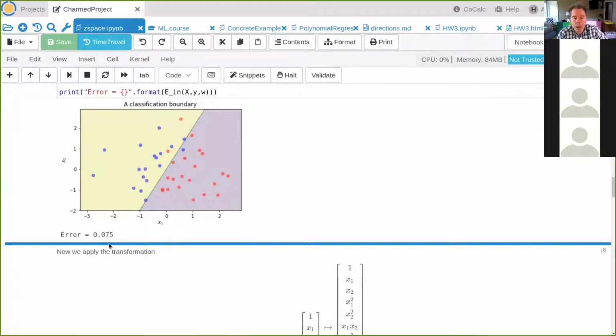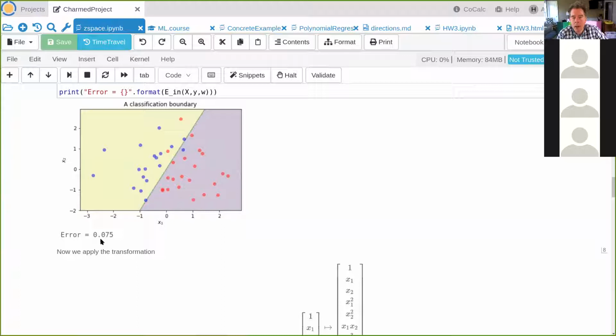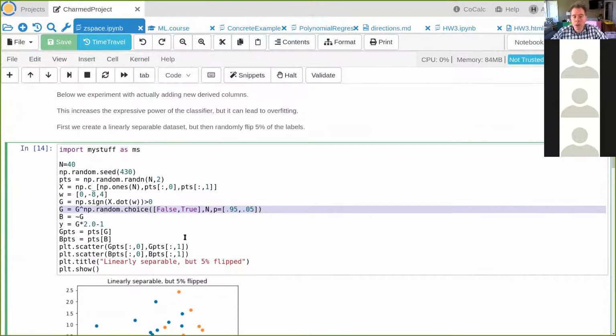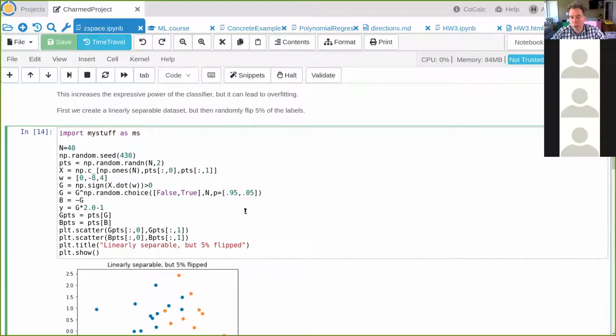And the error is about 7.5%. That's a little bit unlucky, because the way the probability works, I should be wrong only 5% of the time. It's just that I used a probability distribution, and so there's a little bit of variance.